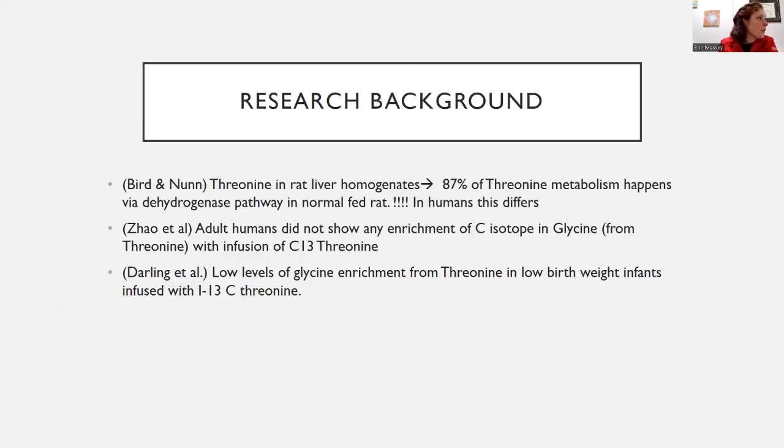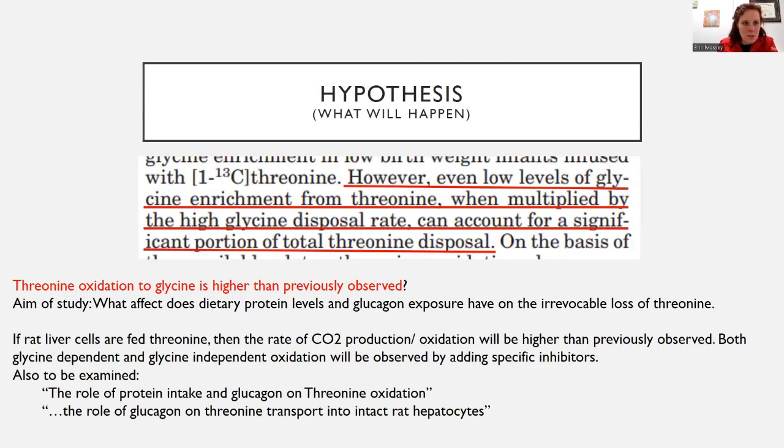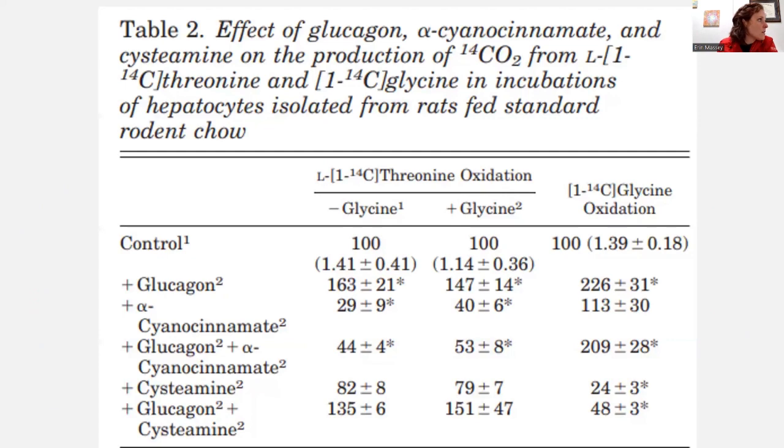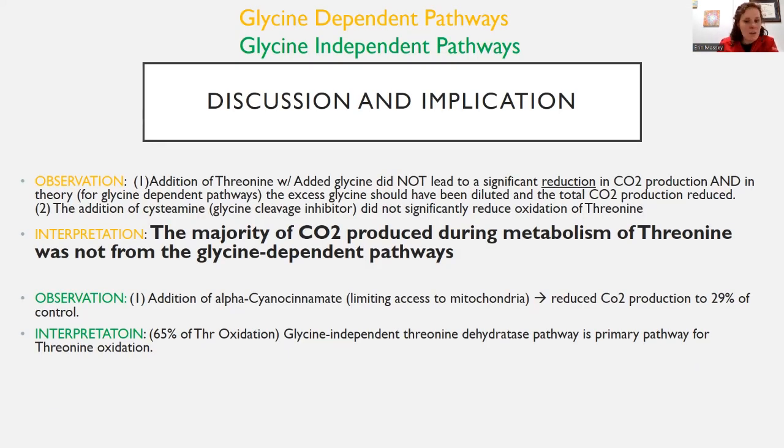It totally differs from Bird and Nutt, where they're saying 87% of threonine metabolism happens from the dehydrogenase pathway in the normal fed rat, versus if we're looking at just the liver cells. The explanation here is that 65% of oxidation is actually coming from a pathway that does not utilize glycine.